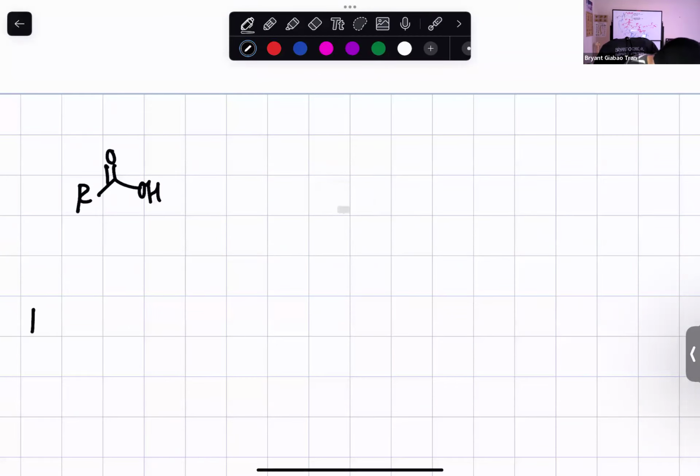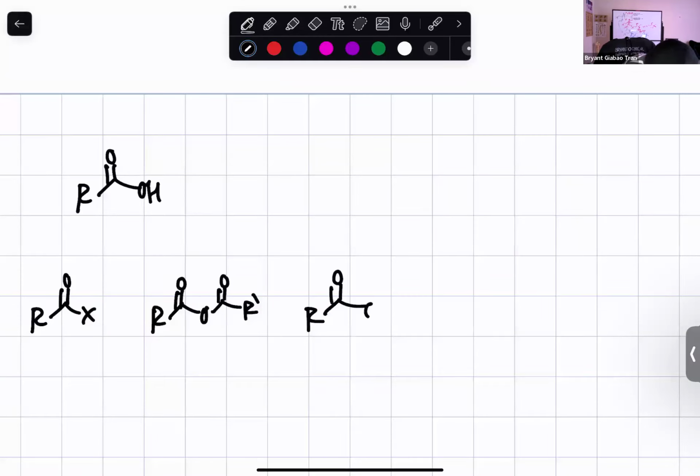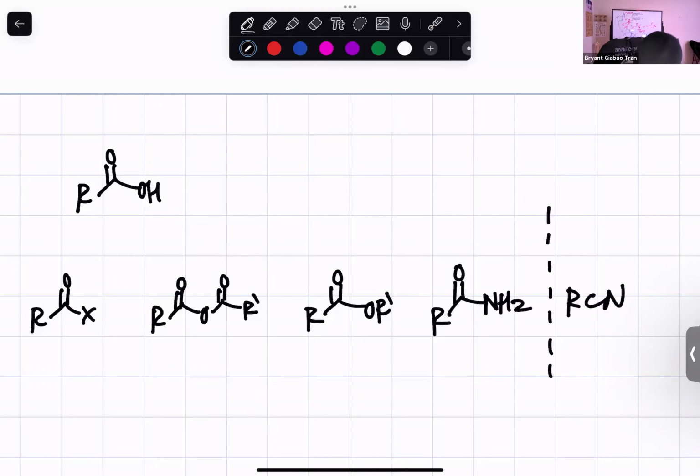The derivatives are acyl halide, anhydride, ester, amide, and the amide could be primary, secondary, or tertiary. A cousin of this family is nitrile.